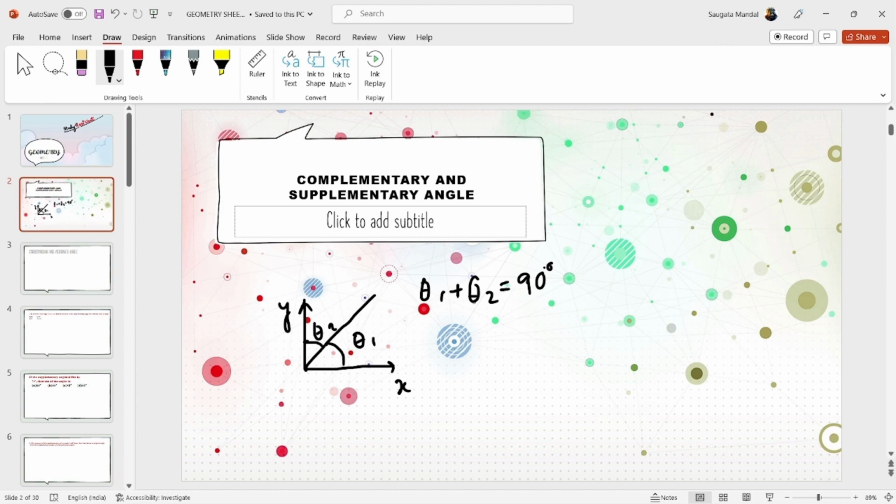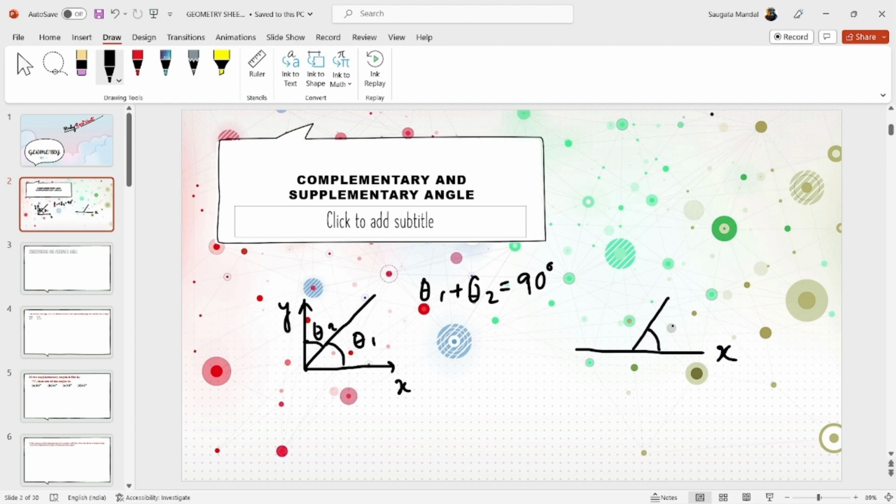And when the sum of two angles is equal to 180 degree, then it is called supplementary angle. Suppose this is x-axis. This is a line that I draw.